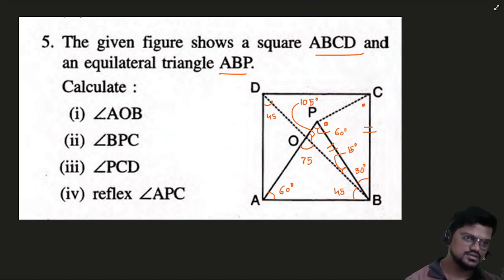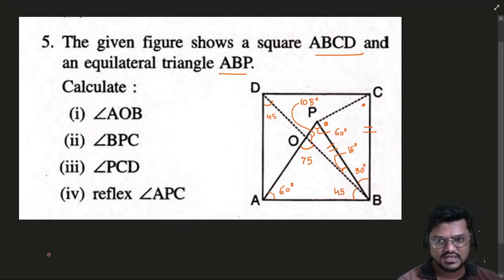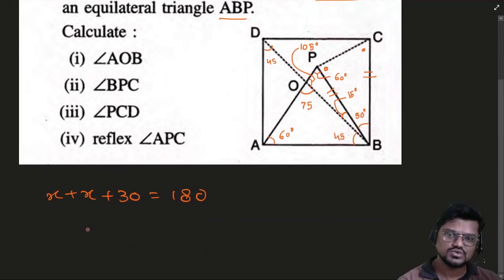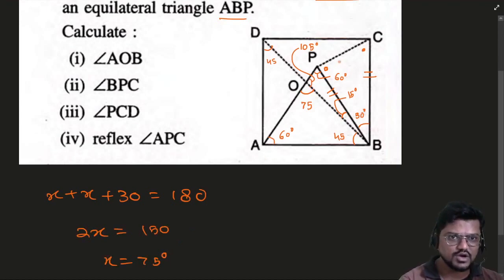That means 2x plus 30 should be equal to 180, so 2x equals 150 and x equals 75 degrees. So this angle is 75 degrees, and this is also 75 degrees. If this is 75, this will be 15.